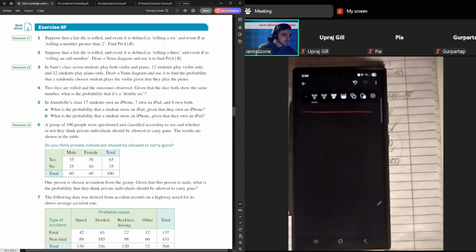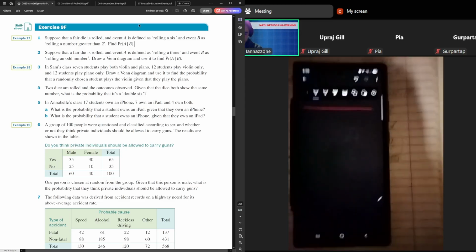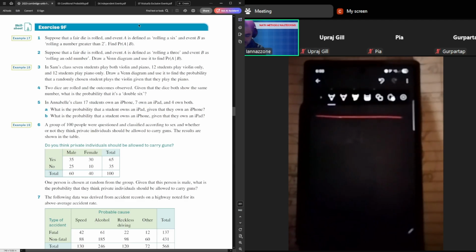All right, let's crack on. So we'll go top to bottom on these essentially. In this case, question 1, we have a dice that's rolled. Event A is rolling a 6. Event B is rolling a number greater than 2. Find A given B. So I'll throw that to you guys now.